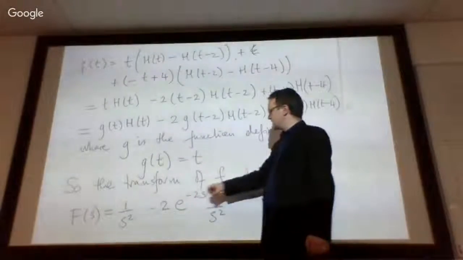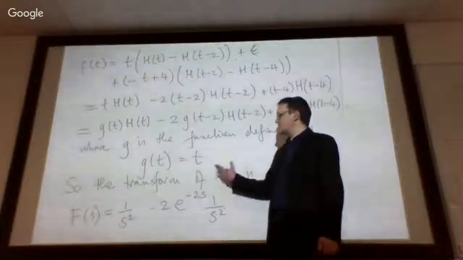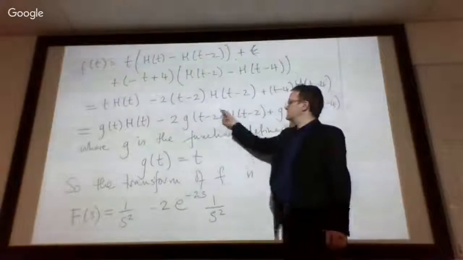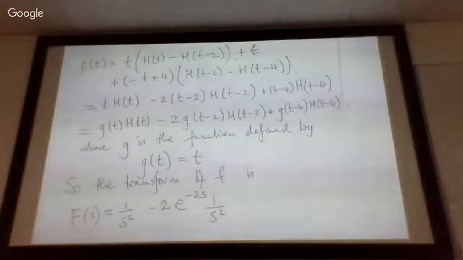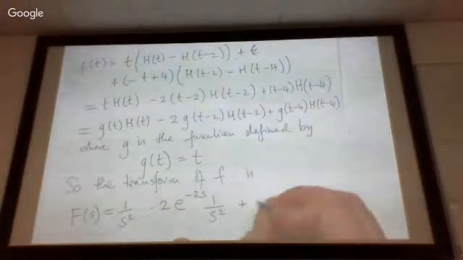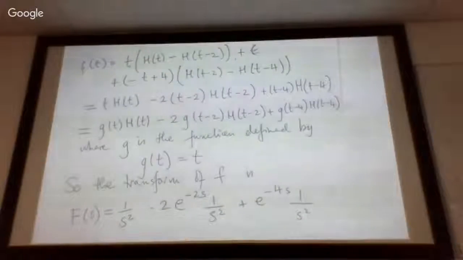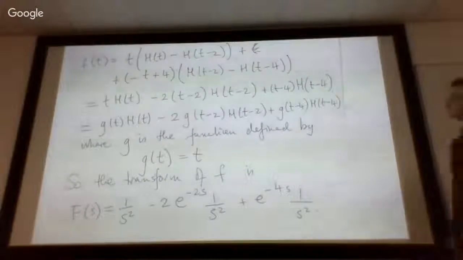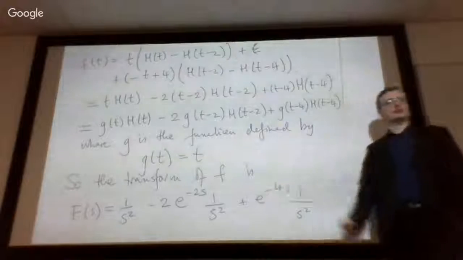This minus 2 and this exponential here is this minus 2. Then we've got 1 over s squared, which is the transform of this function g, which is being applied there. And then for the third term, we have plus e to the minus 4s times 1 over s squared. Again, this minus 4 is this minus 4 there in the exponential.